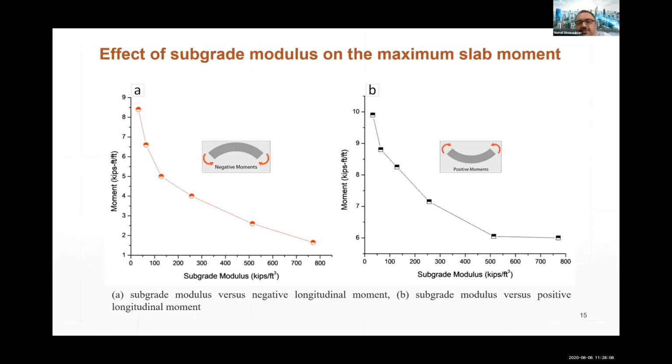We tried to see what the effect of the soil compaction would be. If the soil compaction was not as expected, what will happen in terms of increasing or decreasing the maximum moment, which is basically the force that we use for designing these bus pads.